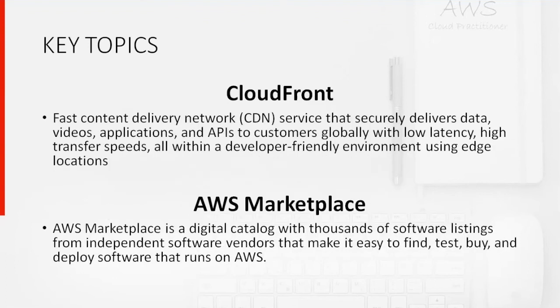Key topics. CloudFront. Fast Content Delivery Network, CDN, service that securely delivers data, videos, applications, and APIs to customers globally with low latency, high transfer speeds, all within a developer-friendly environment using edge locations.